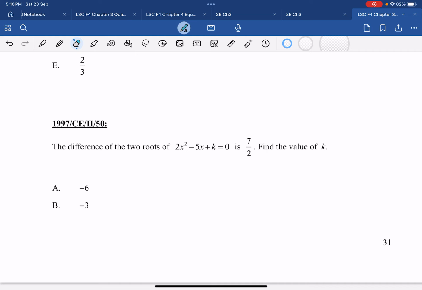For example, under what situation can we substitute numbers to calculate? The first principle is when the options and the question both have variables. And the second principle is when they're asking you to find a specific value of a variable, like this k. So I will try substituting.